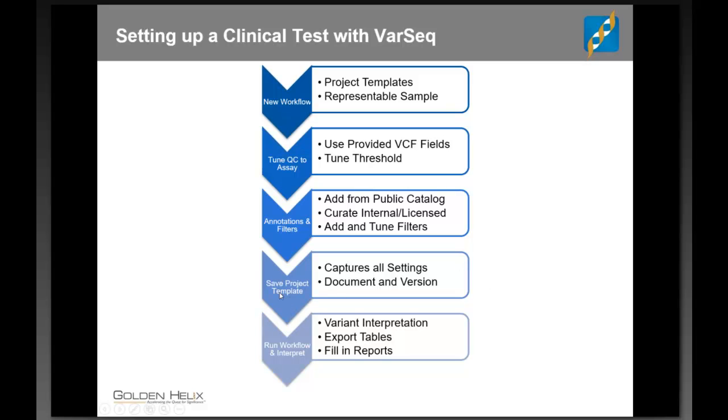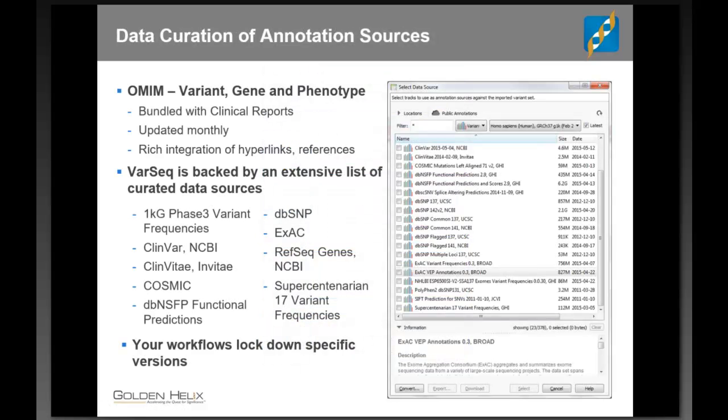So all of those settings, all those algorithms, all those versions of all those annotation sources are saved, and you can document and version that template, put it into production, and then on a new run of data, you just focus on what we did right now, which is that final interpretation step, exporting data, and filling in reports.